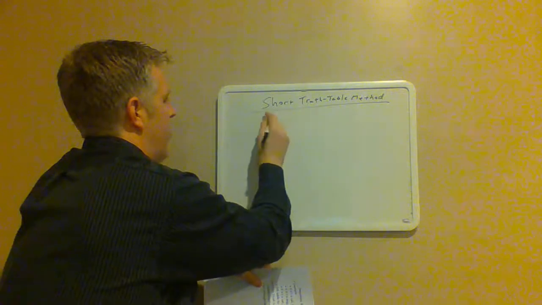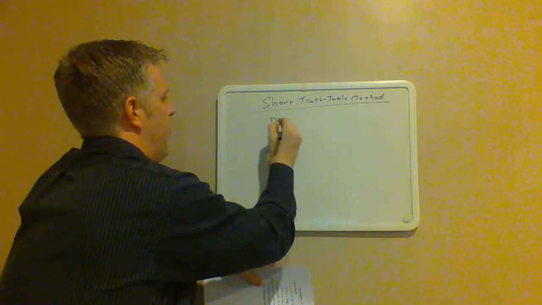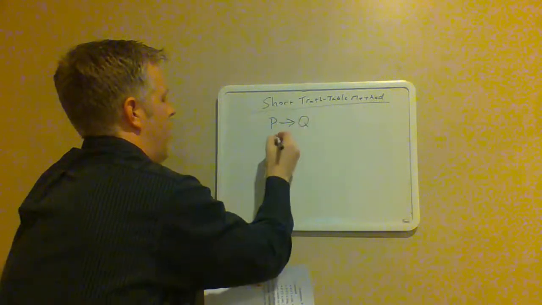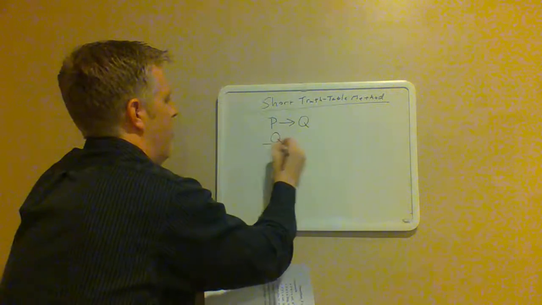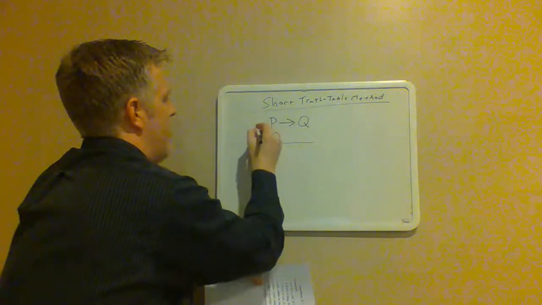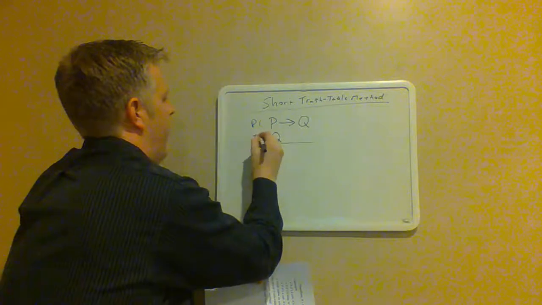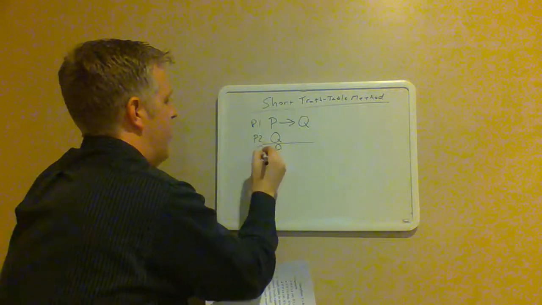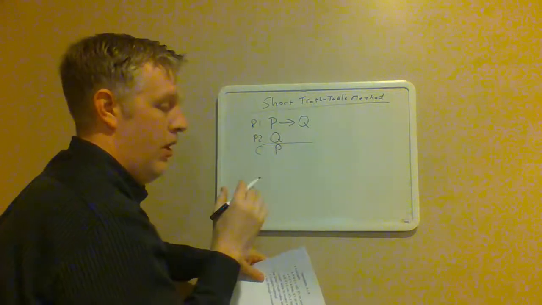So let's go back to affirming the consequent. If P then Q, Q, therefore P. So let's see if we can use the short truth table method to determine whether this is valid or invalid.